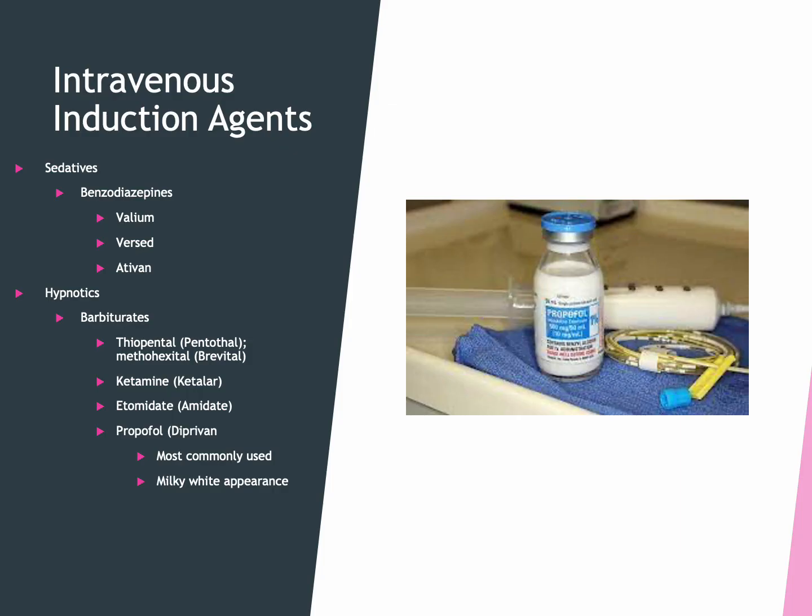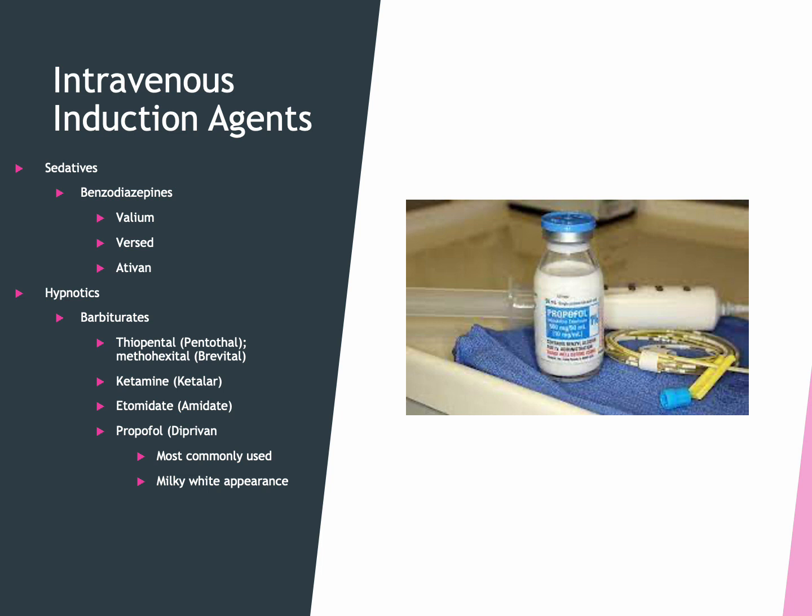So the agents used to induce unconsciousness are classified as sedatives or hypnotics. Benzodiazepines are sedatives that are used for induction. Some examples include Valium, Versed, and Ativan.